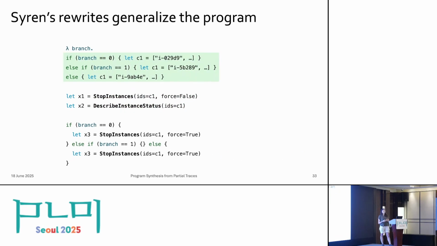More interesting are the rewrites that try to uncover hidden user, well, hidden for us, but user intent. One of these is Siren is able to realize that this whole branching structure that we have here is just defining the value of C1, which is a simple constant. So it makes sense to make C1, instead of a value defined in the program, something that the program takes as input.